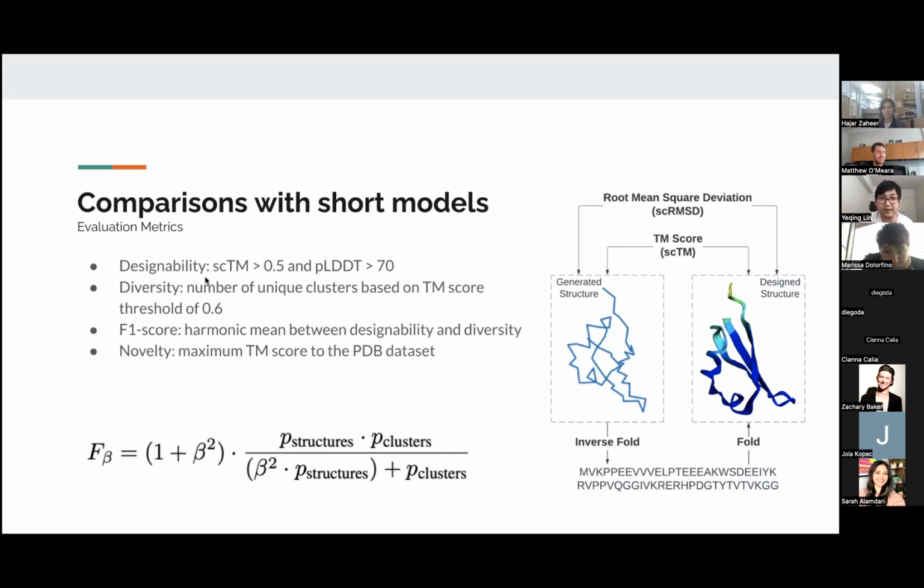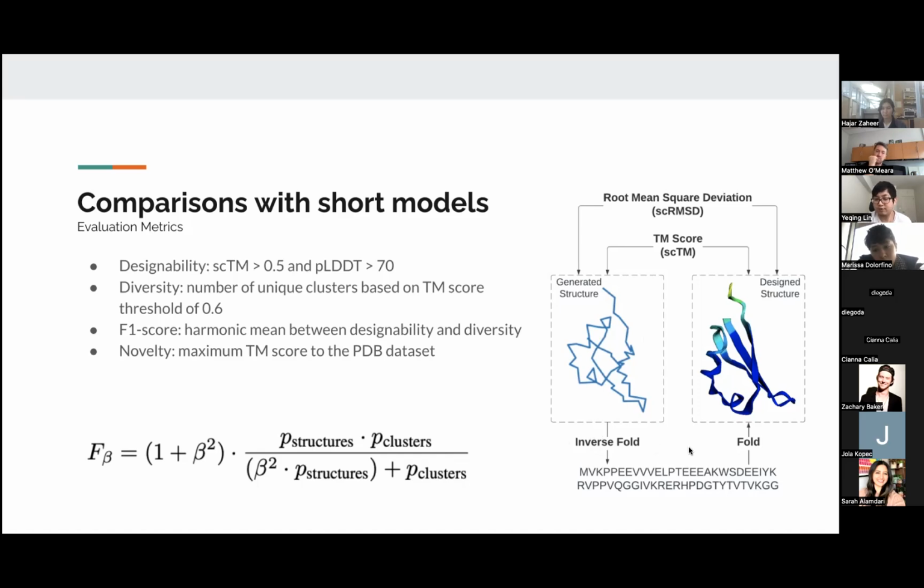Starting with designability. This is the commonly used in silico evaluation pipeline for generated proteins right now. It consists of using two models, the inverse folding model and the folding model. We start with the generated structure, which doesn't have a sequence; you only have, for example, the C alpha coordinates. We run that through the inverse folding model, which, given the structure, predicts the potential sequence.